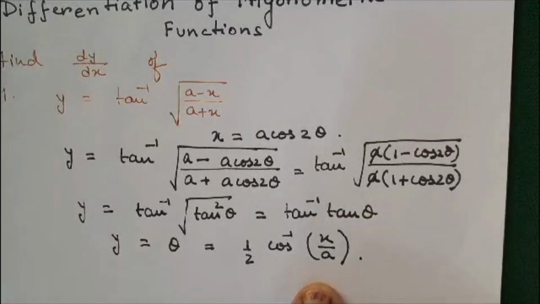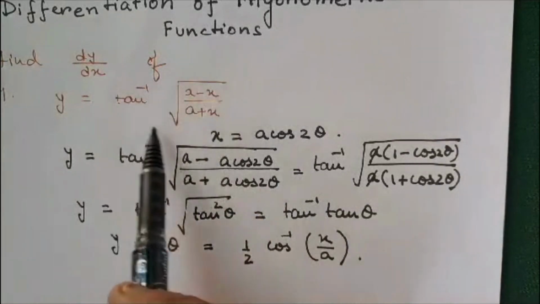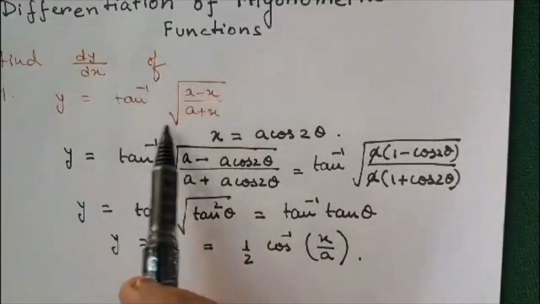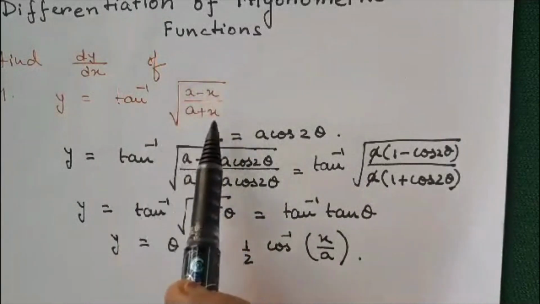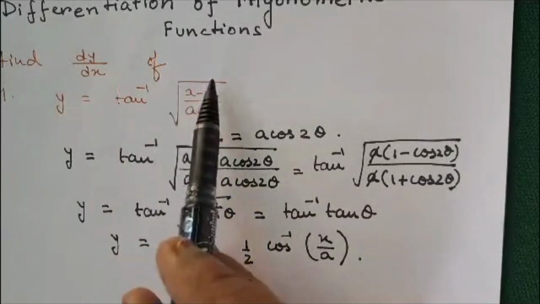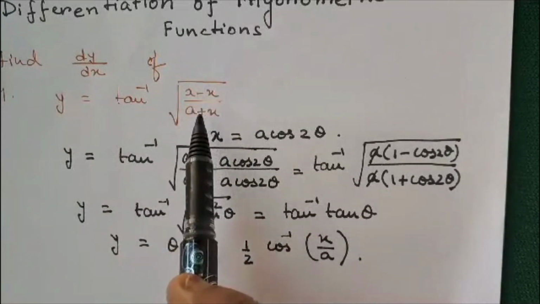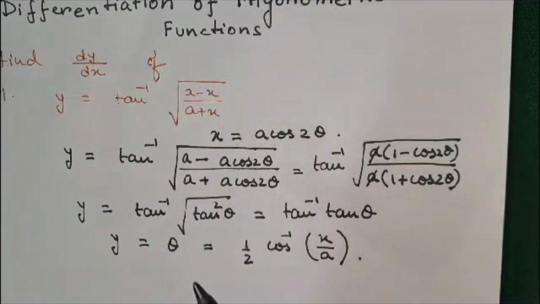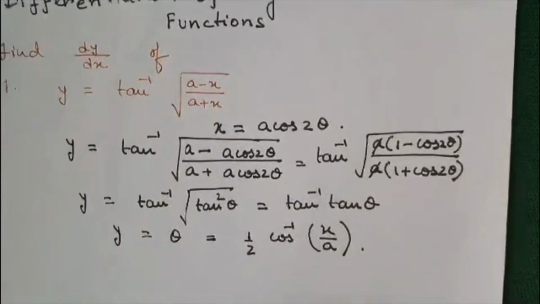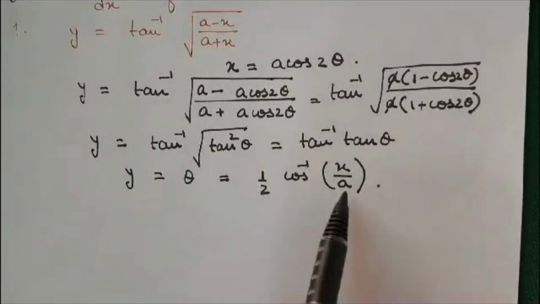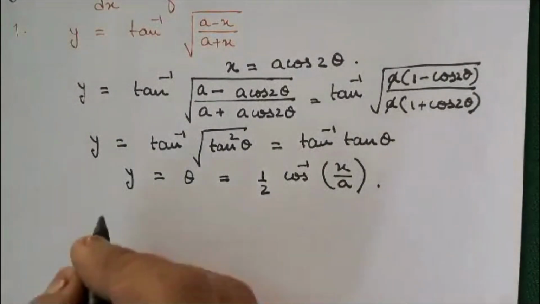So now instead of differentiating this whole, here we have to apply the ddx of tan inverse. Then first we have to differentiate the square root and then the inside part by the quotient rule. So here the sum becomes very easy.